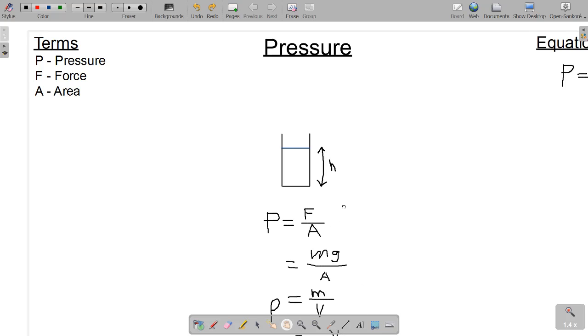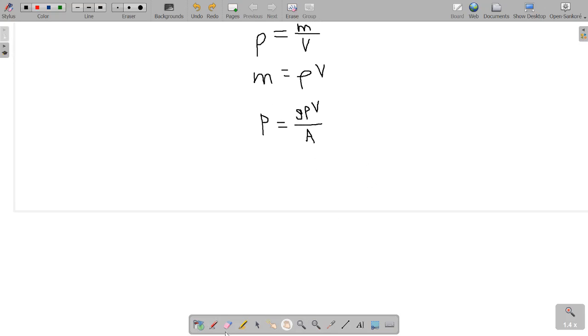So you have P equals rho g h. This is basically the formula for pressure at any point in a fluid.